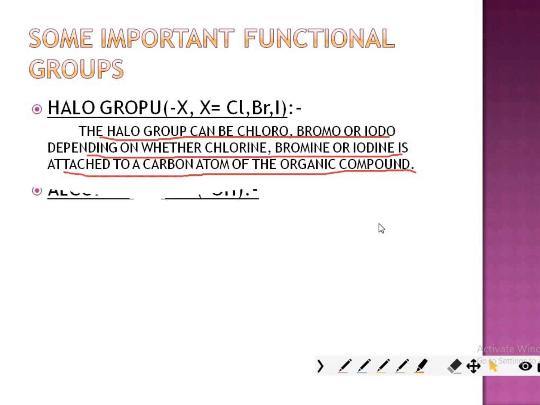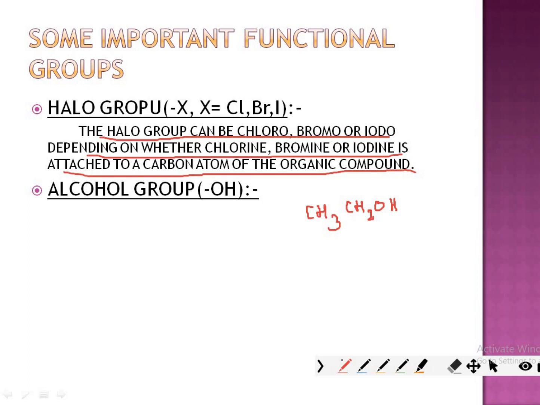Now the next we have alcohol group. Now in alcohol group we have OH group attached to the main parent hydrocarbon. For example, CH3, CH2, OH.